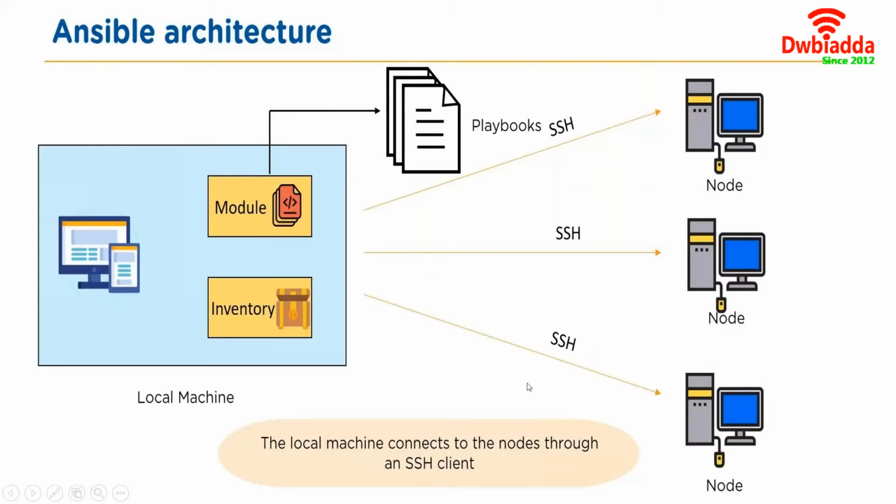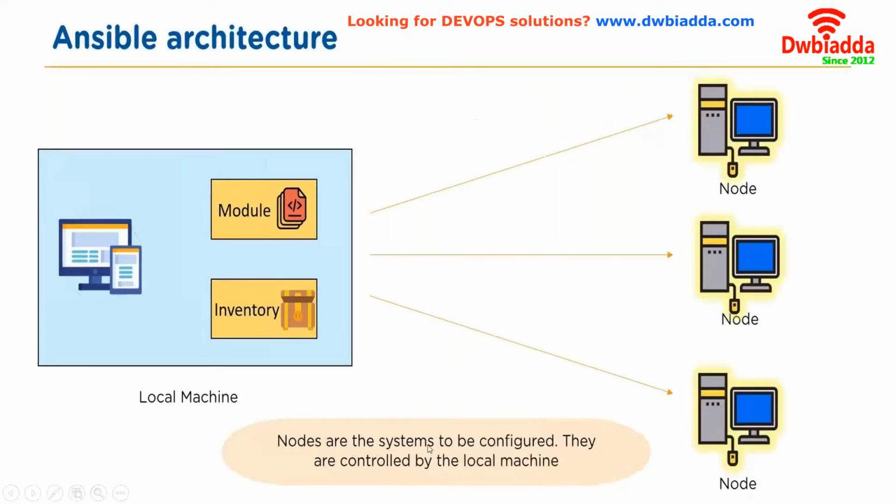and the SSH client. So basically what is happening is that the playbooks or the code written by the users on the local machines are pushed onto the nodes with the help of SSH protocol, and this is how the Ansible architecture works. Now here nodes are the systems to be configured.